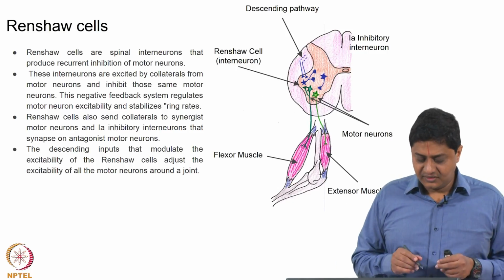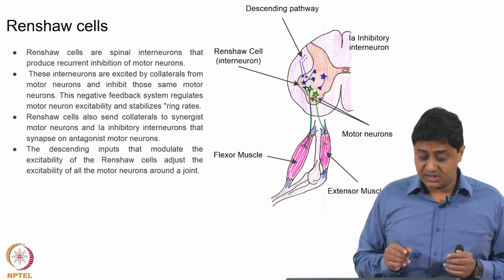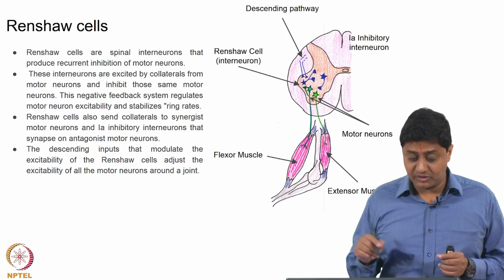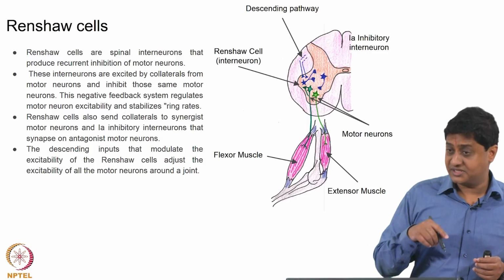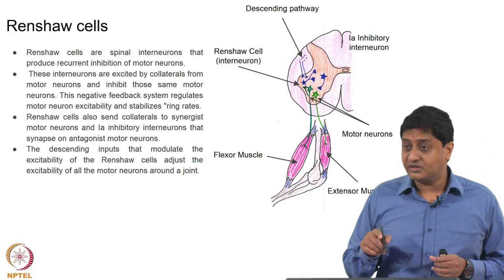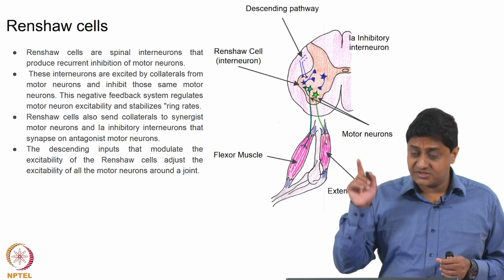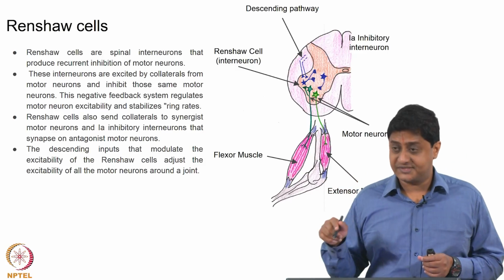These interneurons are excited by collaterals from several motor neurons, right. And when brachialis and brachioradialis are contracting, it will inhibit everybody: brachialis, brachioradialis and biceps.